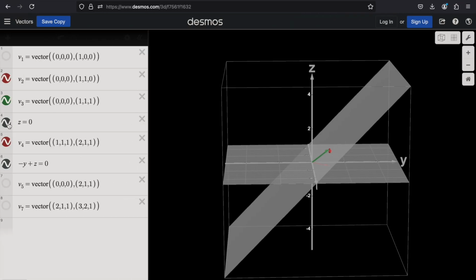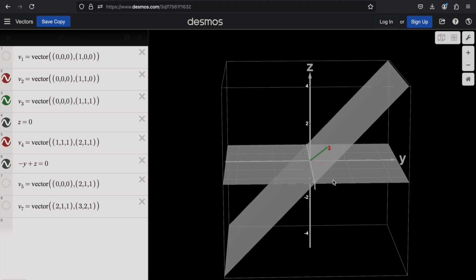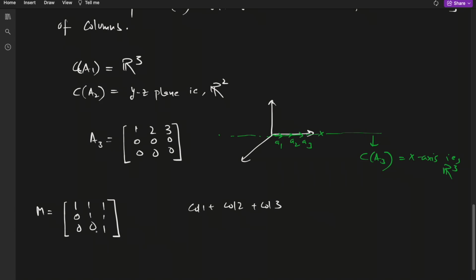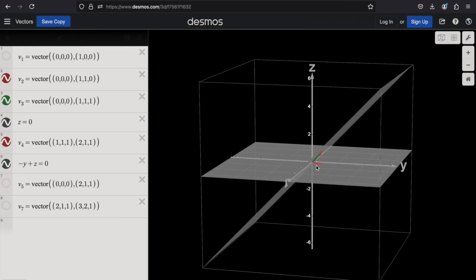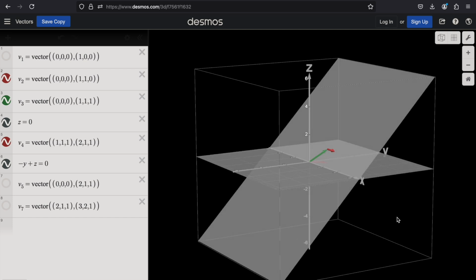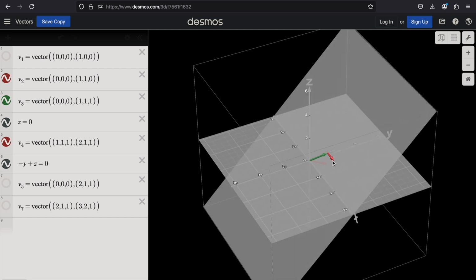Now I will add column vector 2, that is 1 1 0. So if I add column vector 2, that is 1 1 0, this vector will move, right? This red vector, this below vector will move at the tip of this. So this will be this.